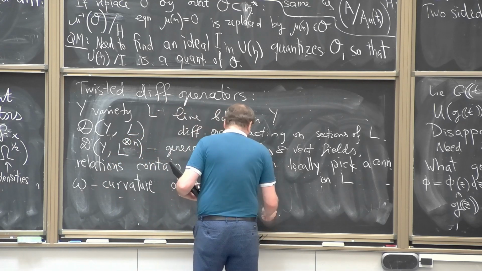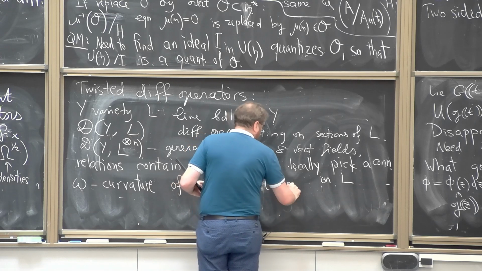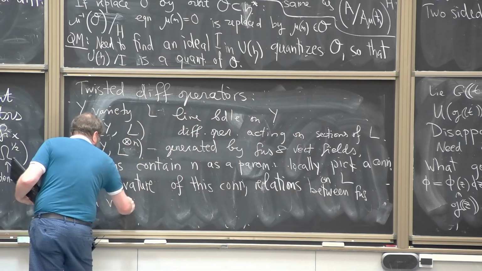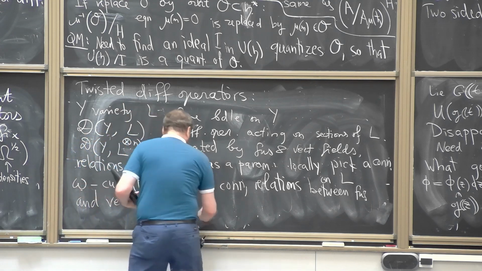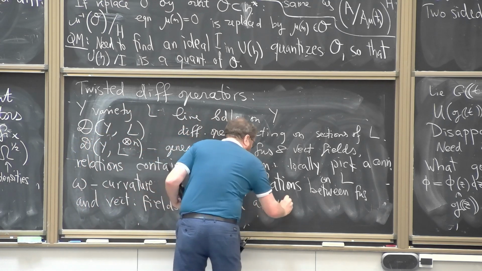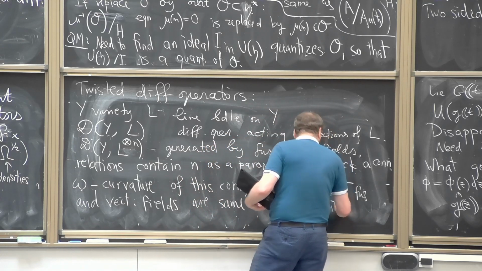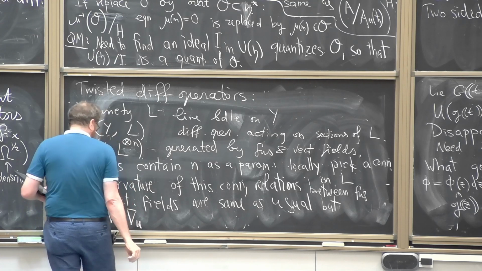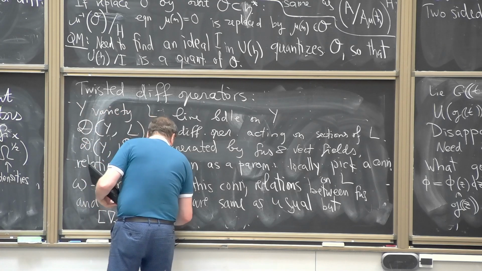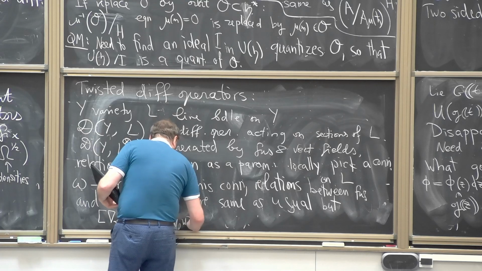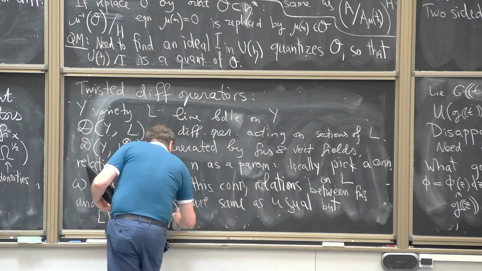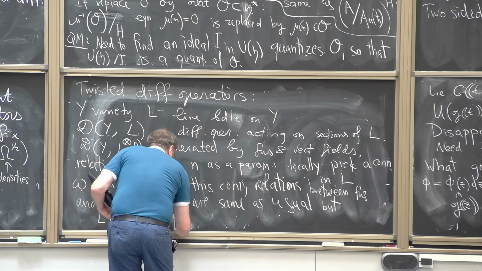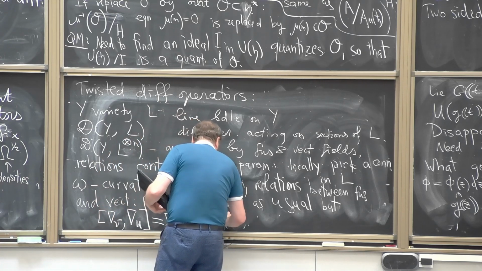And then the relations between functions and vector fields are the same as usual, but the only relation that changes: usually you have this relation that if you take covariant derivative with respect to vector field V, covariant derivative with respect to vector field U, and take commutator, this is the covariant derivative of the Lie bracket of these vector fields, V bracket U. But here there will be another term, which is omega of V, U, which is a function.